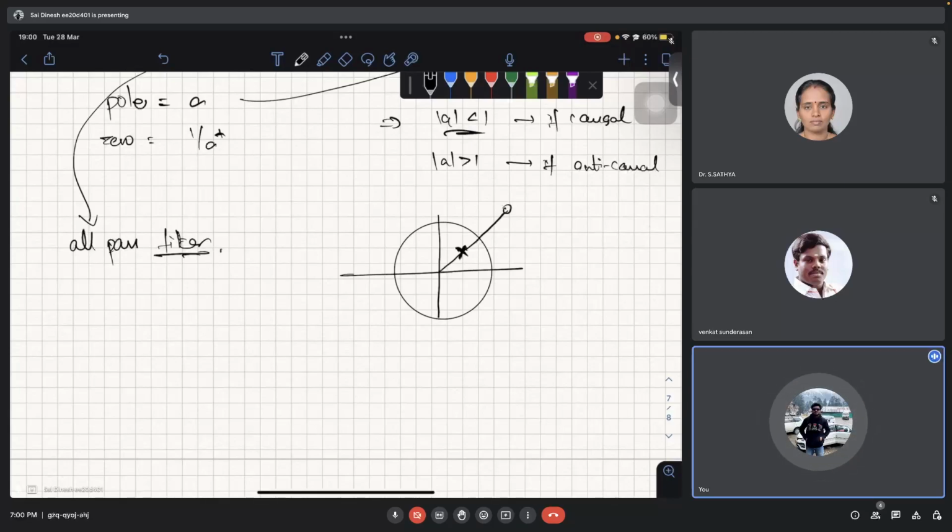The phase response now depends on, I mean due to a pole, so due to this pole it is of this form, but due to this zero it is of this form, right?